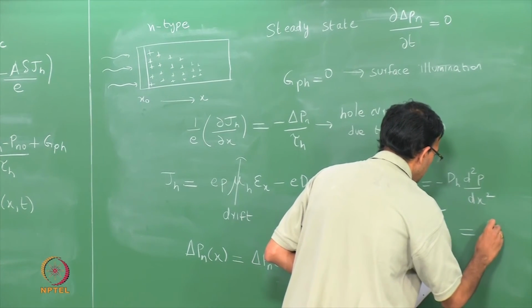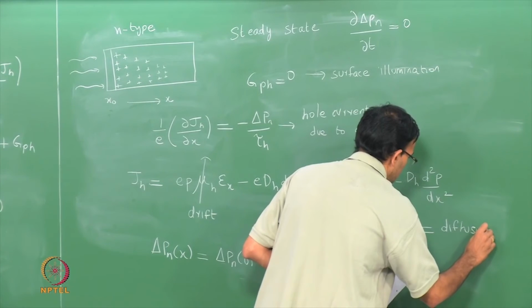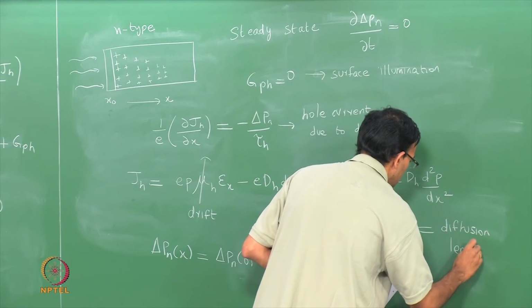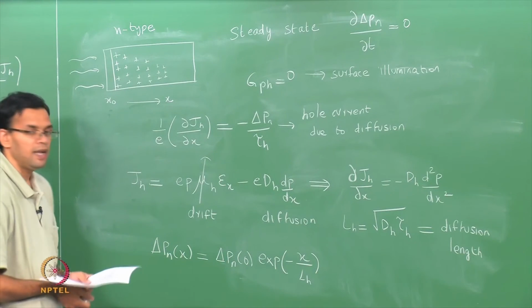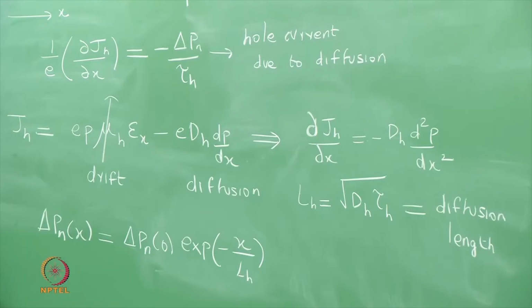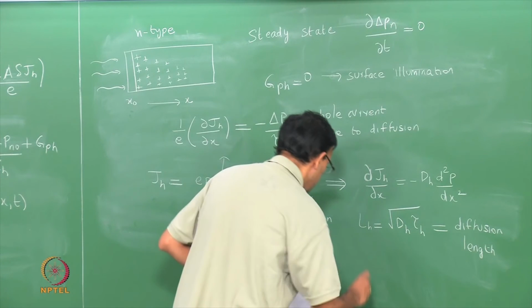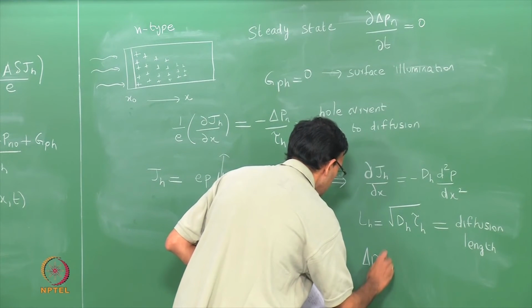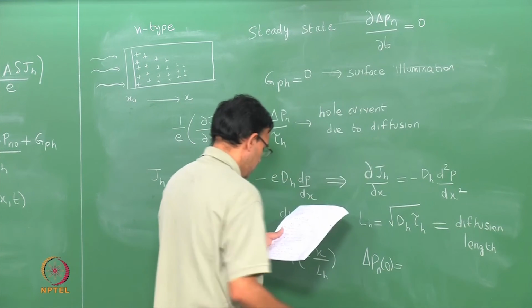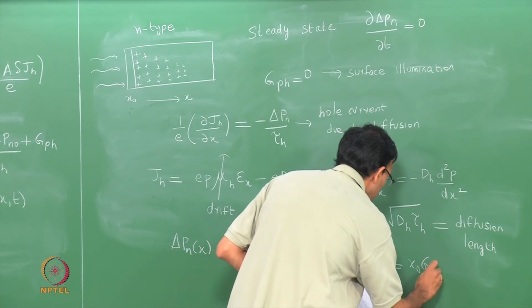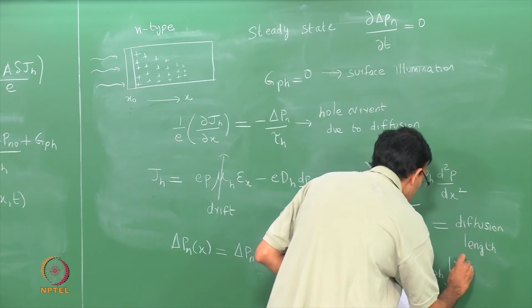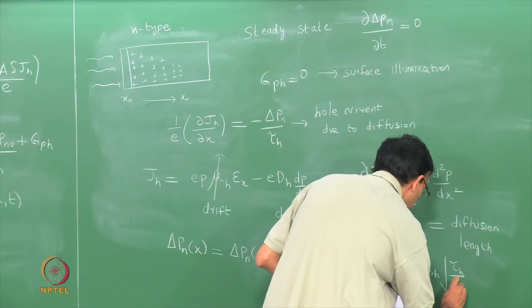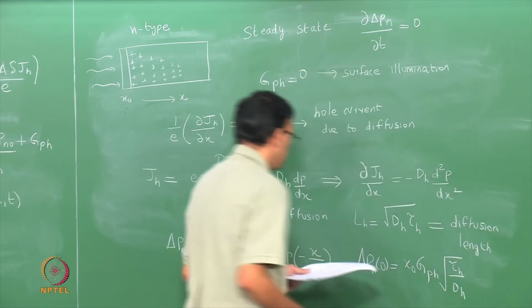So, Lh is the diffusion length. So, ΔPn naught, which is the number of carriers that are generated at the surface, is equal to x naught Gph square root of tau h Dh.